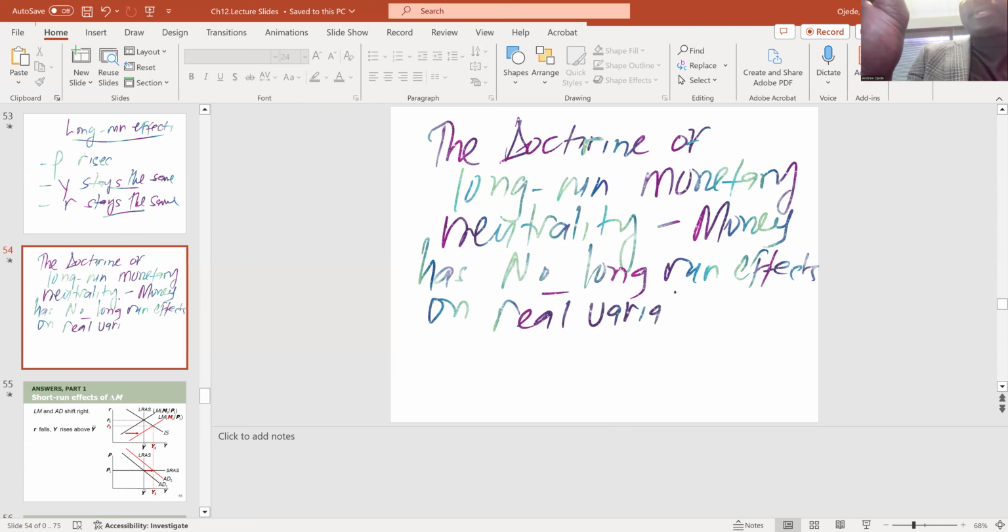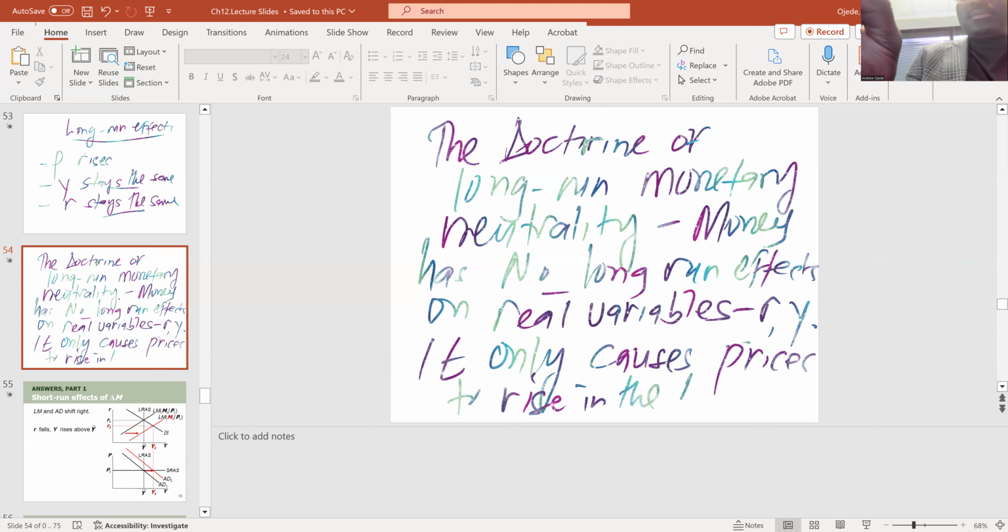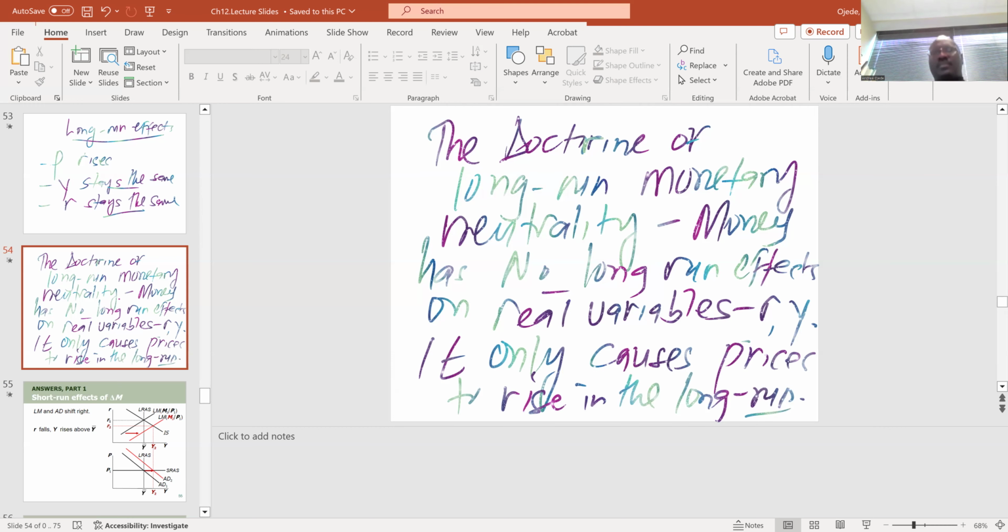And the real variables in here are going to be our interest rate and what? It only causes prices to rise in the long run. Prices, nominal variables, rise in the long run. Okay.